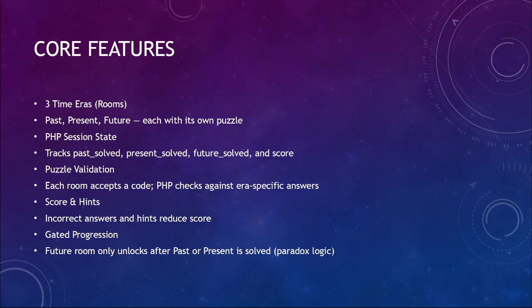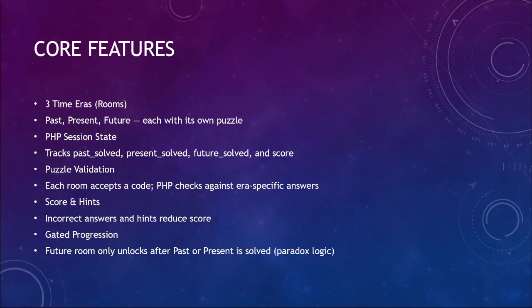And it also used a validation system to make sure the puzzles were solved accurately. Each room had a code, and we used PHP to check against specific answers for each of the 3 rooms. There's a scoring system and a hint system. Incorrect answers and using hints would reduce the score.